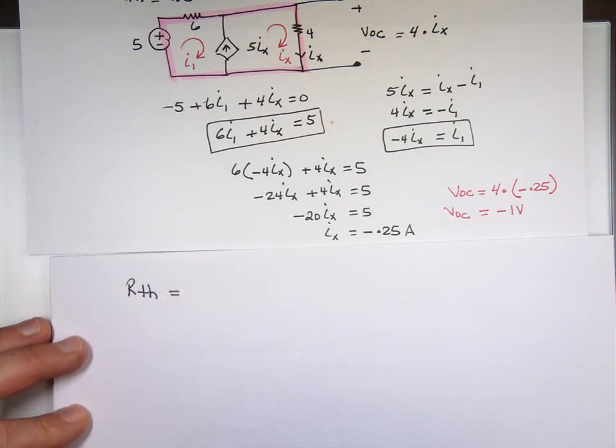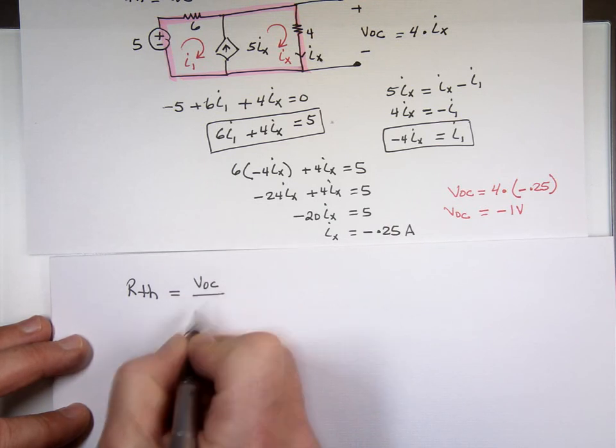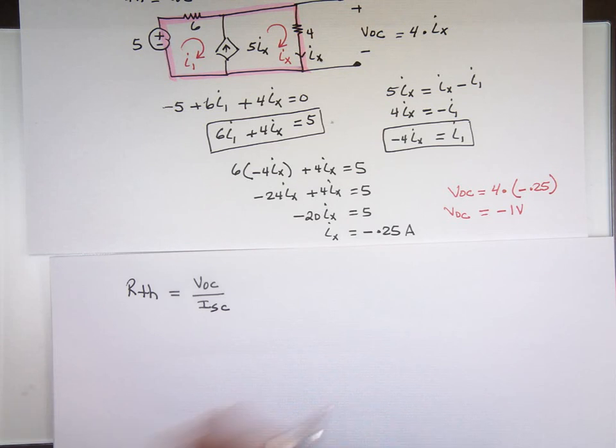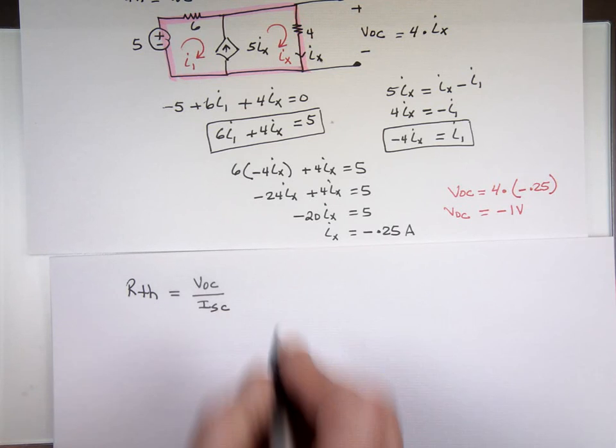R Thevenin equals V open circuit over I short circuit. So I need to know what I short circuit. What is I short circuit here?